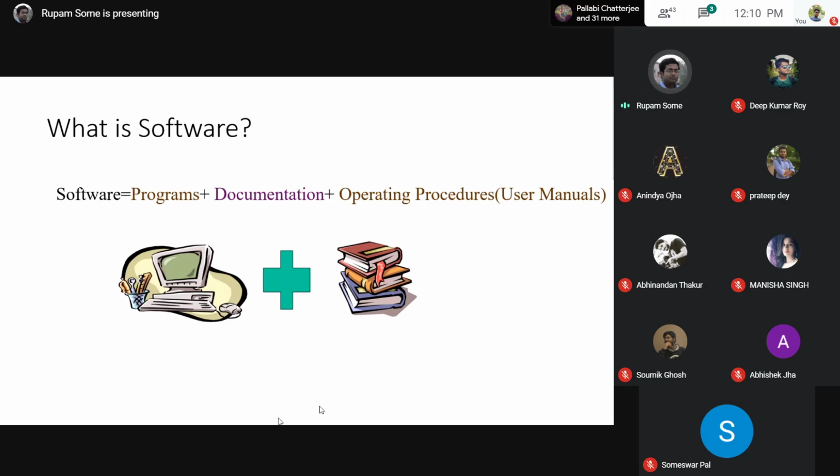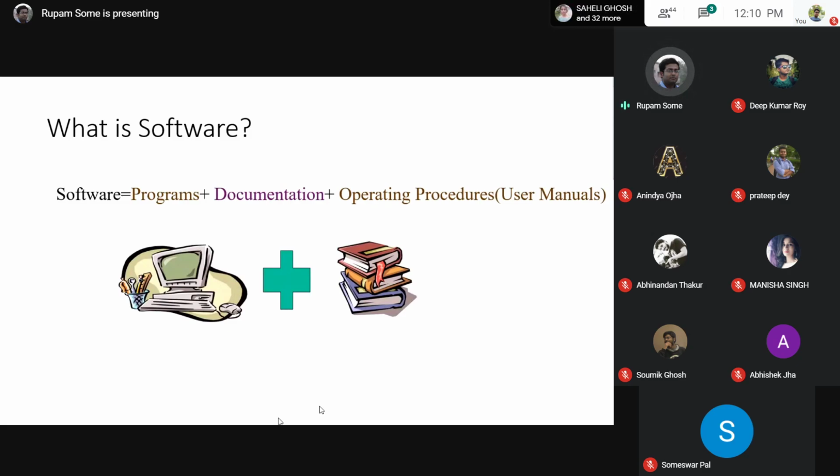These are the documents that you would have to supply whenever you want to deliver a particular product. So it is not just a logical component of a system, rather it's much more. It's an integrated set of logically related components along with some documentation, along with some operating procedures or user manuals.